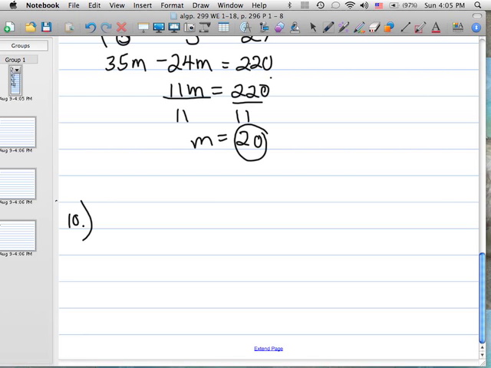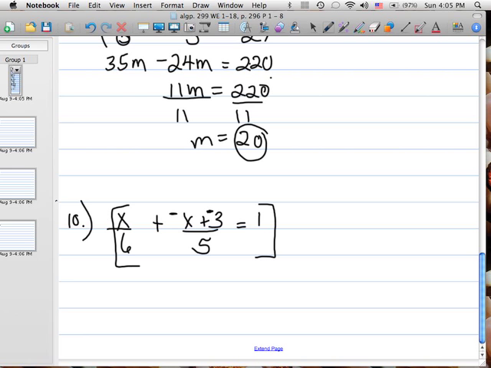Problem number 10, x over 6 minus x plus 3 over 5 equals 1. Change subtraction to addition and be sure and change all the signs. Least common denominator is 30.